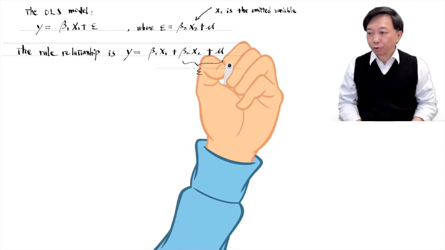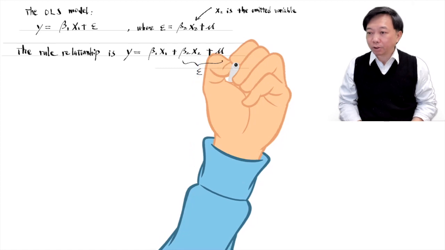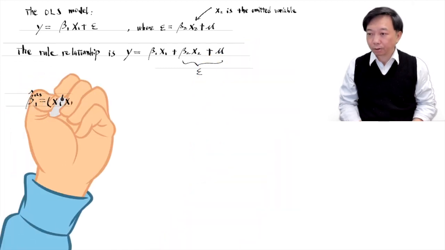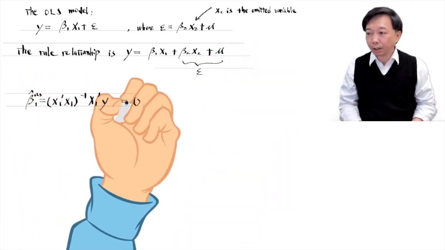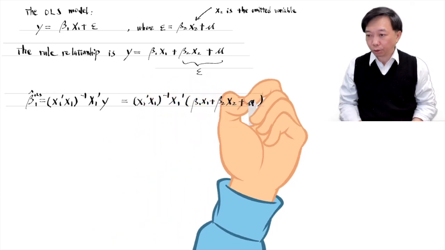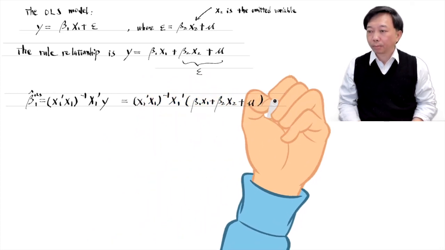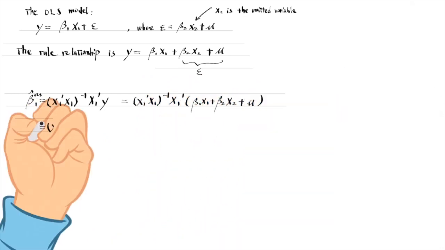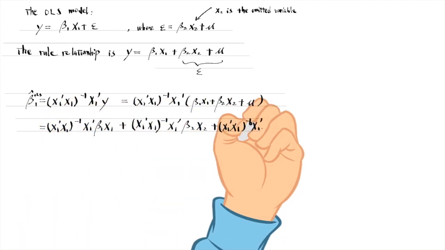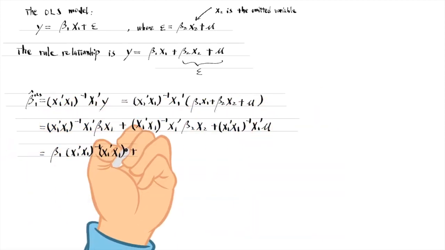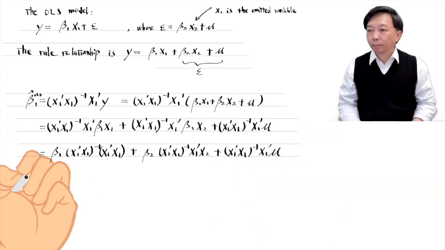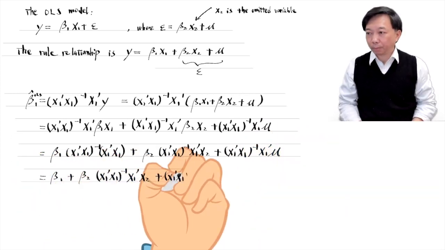We write the matrix form of the OLS estimator beta 1 hat, and then replace y with the true relationship expression. Now, we have three terms.